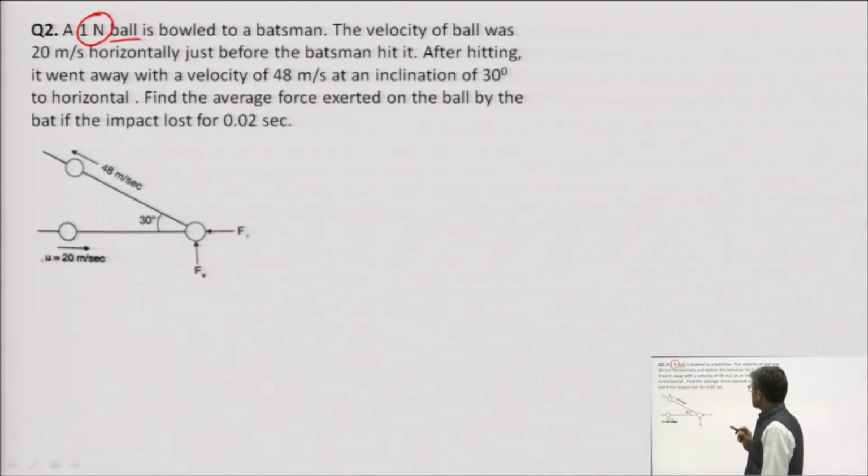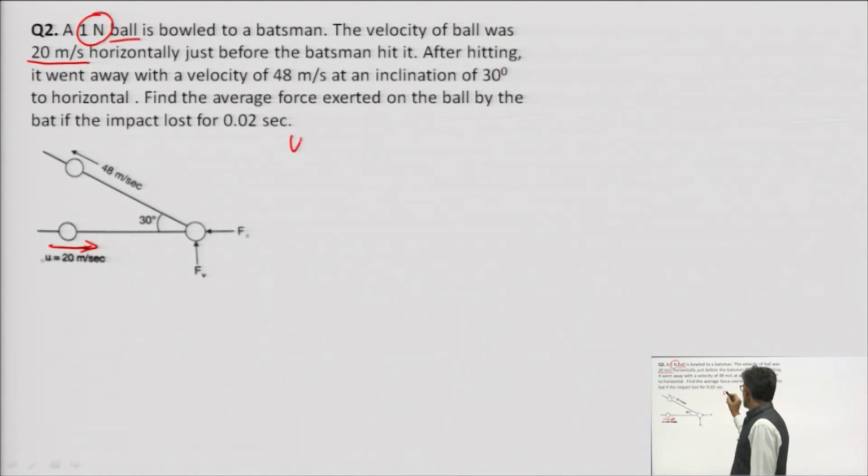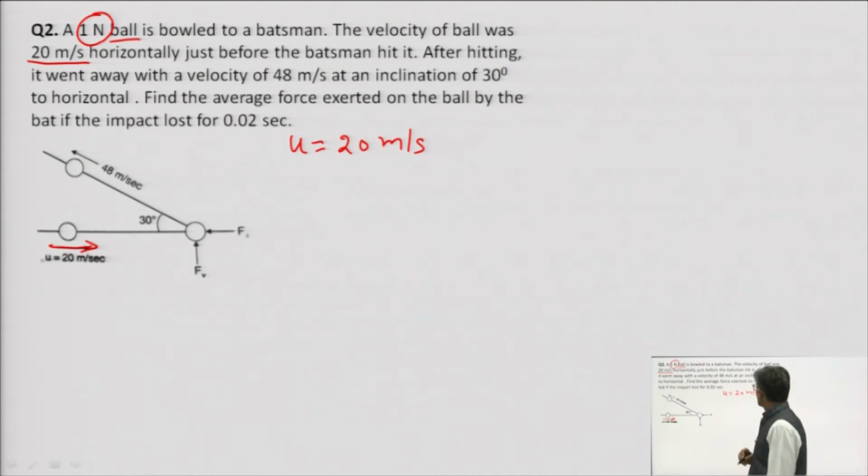The velocity of the ball was 20 meter per second horizontally. This is the initial velocity of the ball, u equal to 20 meter per second, just before the batsman hits.